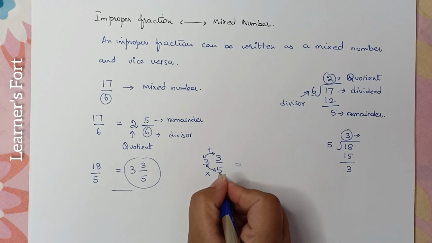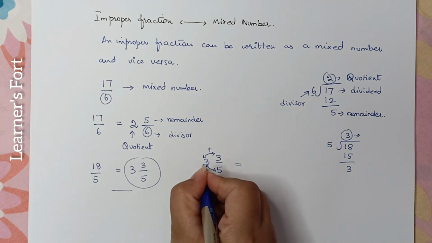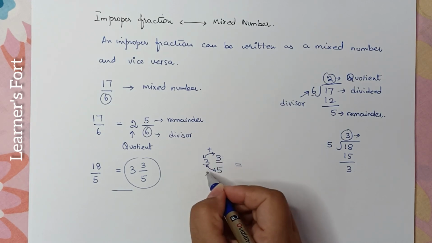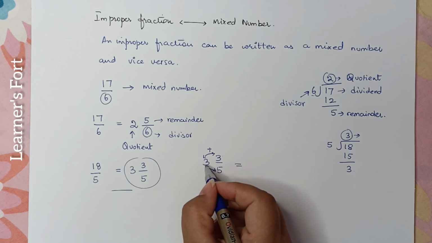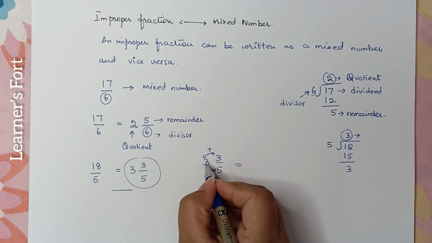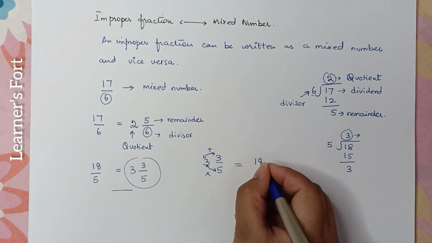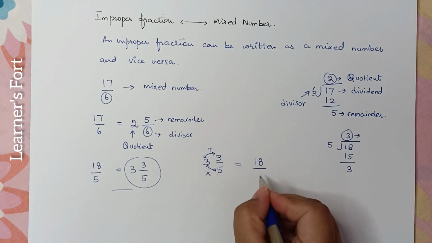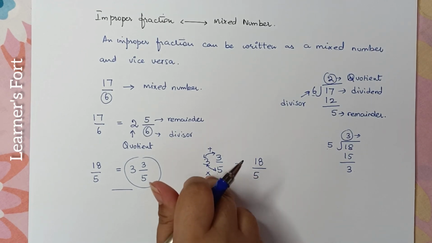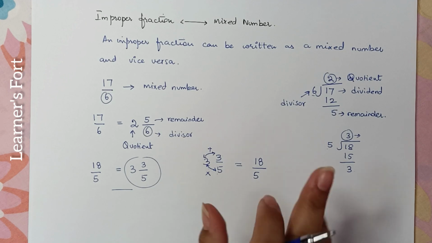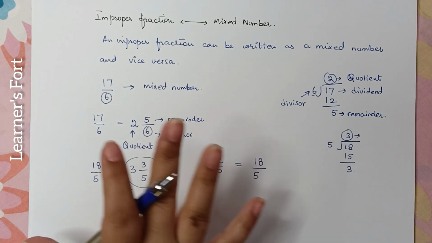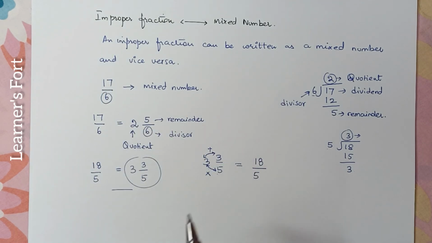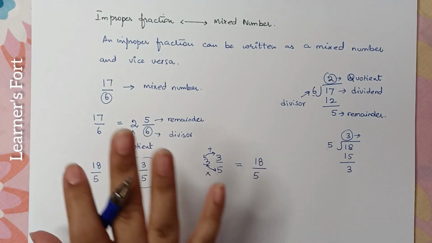The denominator gets multiplied with the whole number, and we will add the numerator to the resulting answer, which goes like this: 5 threes are 15, and 15 plus 3 is 18. We're going to write this amount as the numerator, and the denominator will come as it is, because it is the main thing that is dividing the whole answer, so it will remain the same regardless of the formation of the fraction, whether it is an improper fraction or a mixed number. The denominator remains the same in every case.